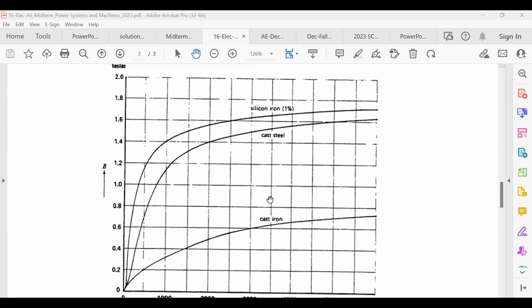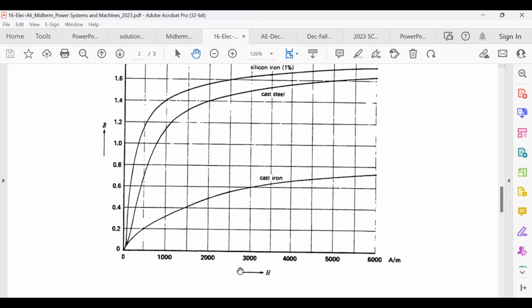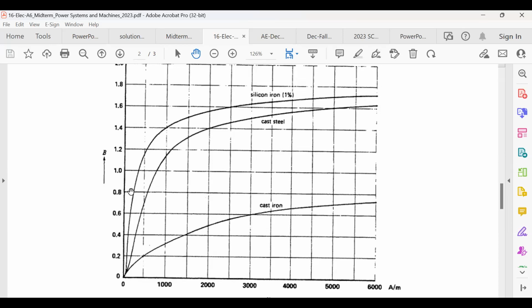Ignore the cast steel and the cast iron; we are only going to use this one. The B-H curve is given with B in teslas and H in amps per meter. Sometimes they can change the units, for example the field current and the flux itself.